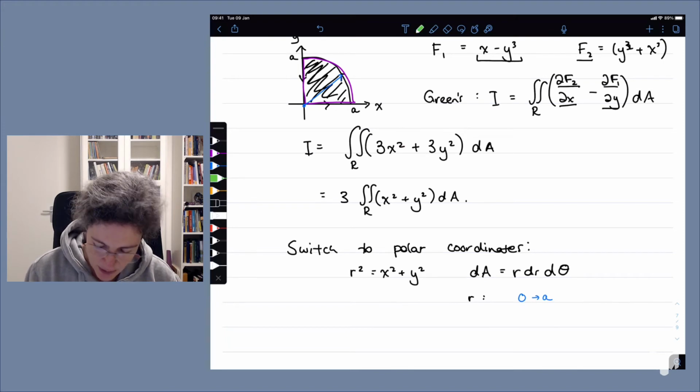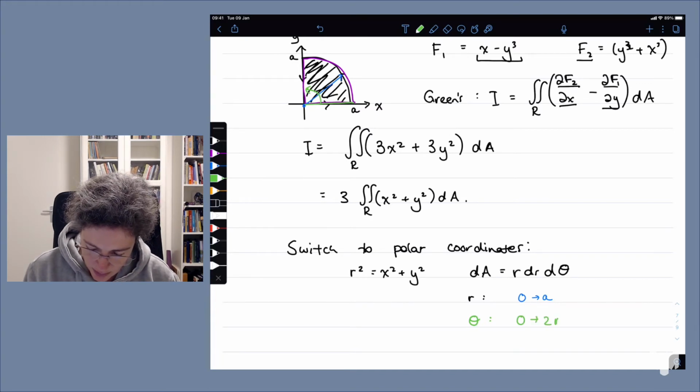And theta goes from 0 all the way to here, so theta goes from 0, not 2 pi, pi over 2.